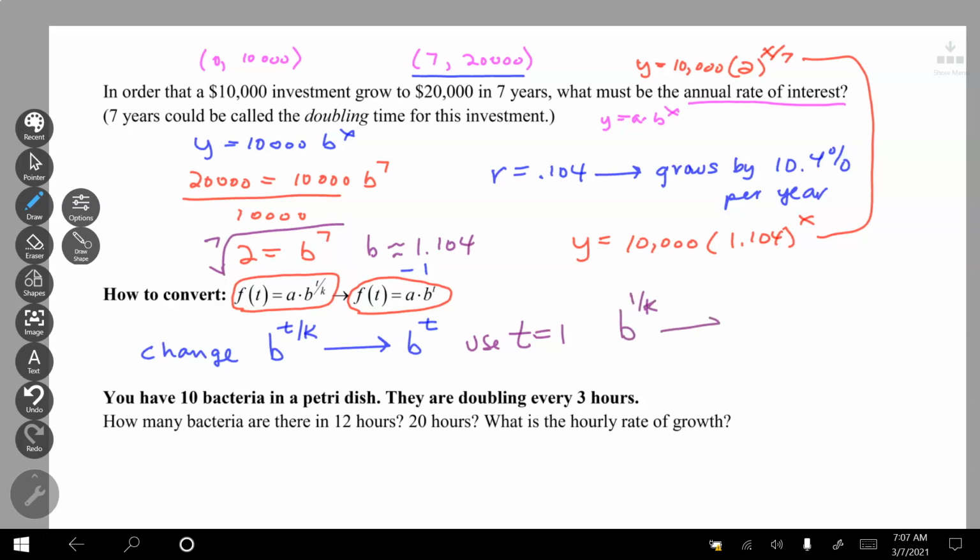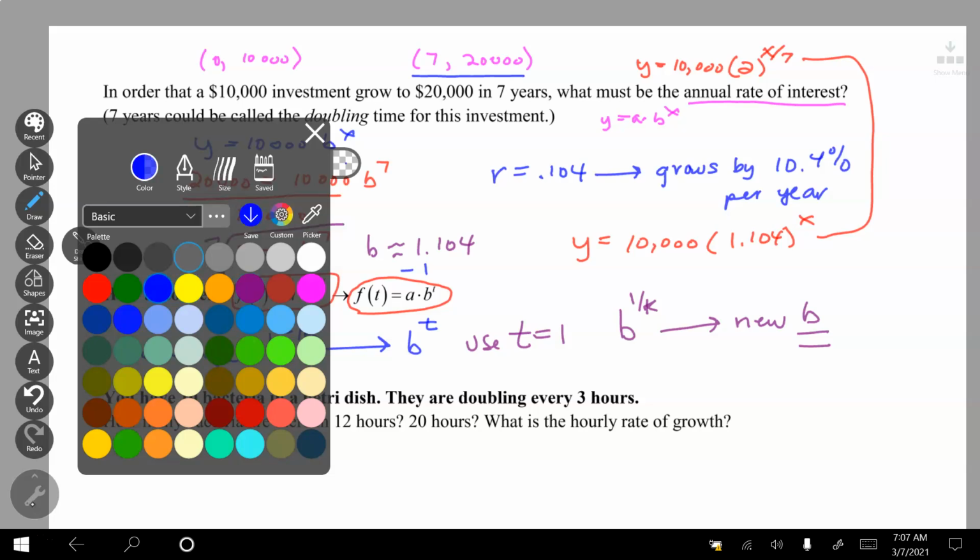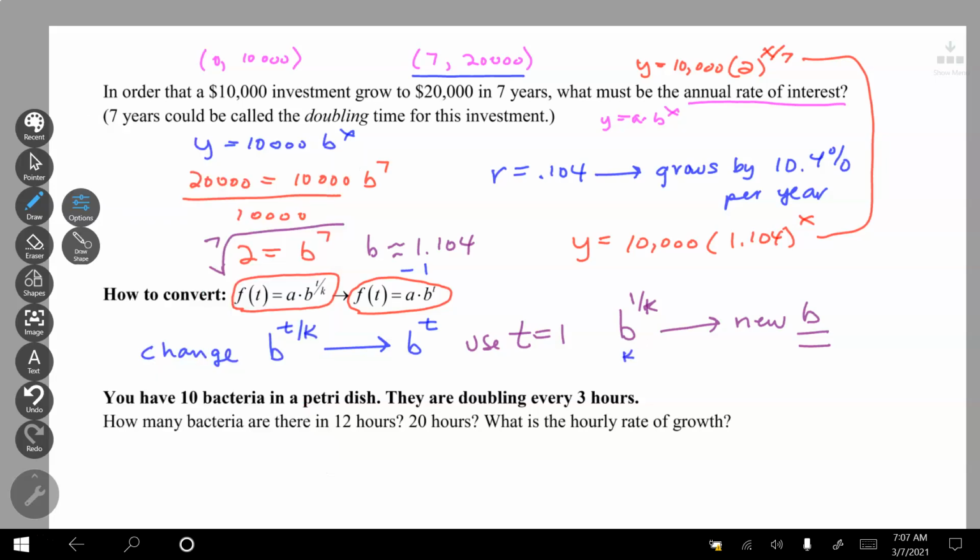You have to know the k value, and that's your new b value, the b value that you want. Essentially, you're doing the kth root of b. And that's what I did in this example over here. I said double every 7 years, and I took the 7th root of 2 to get this number of 1.104. That's my b value, and I figured out my rate. And that's what we're working on.